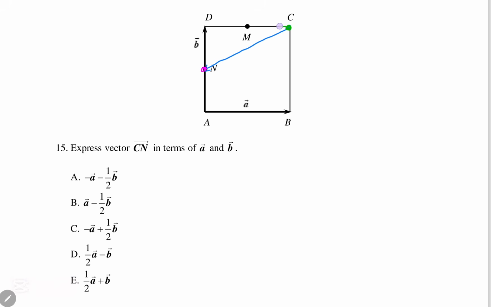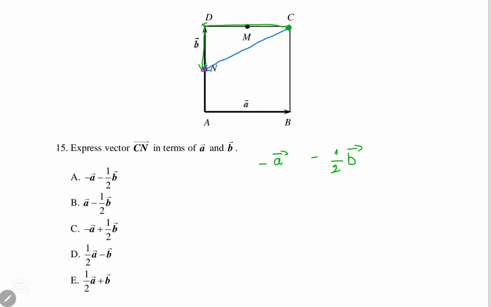I need to go C to D, and then D to N. So that would be CD, and CD, as you can see, is going anti-parallel to A. So it's the same length as A, but going in the opposite direction, so it's going to be minus A, okay? In addition to that, DN. DN is going through half of B, but in the opposite direction of B, so it's going to be minus. So the correct answer should be minus A minus half B.